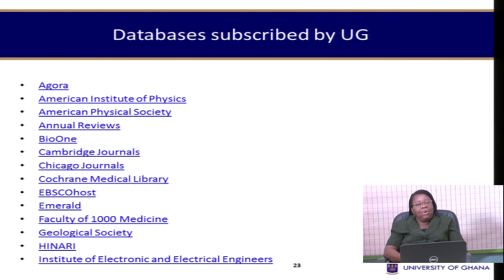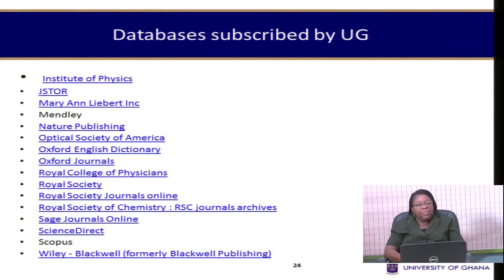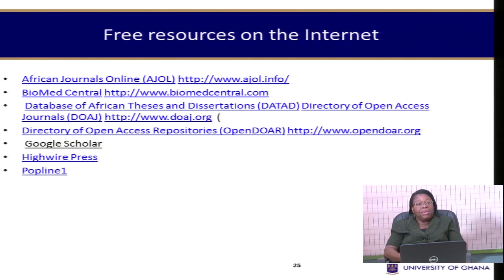Once you go into the library website on campus and you click on any of these databases listed here, it launches you straight into that database and you are able to search full text. Other databases include all the lists here, and a few databases which are free on the internet include the list you have here. African Journals Online, Biomed Central, Google Scholar, Highwire Press, Popline.